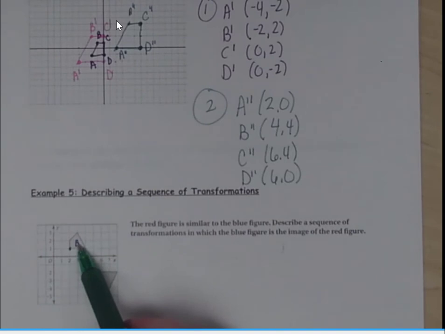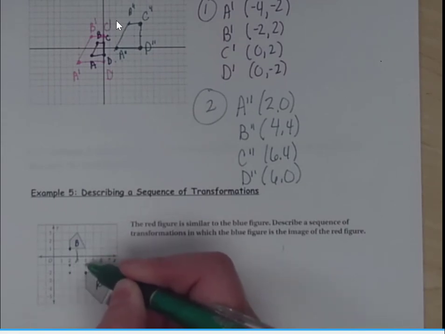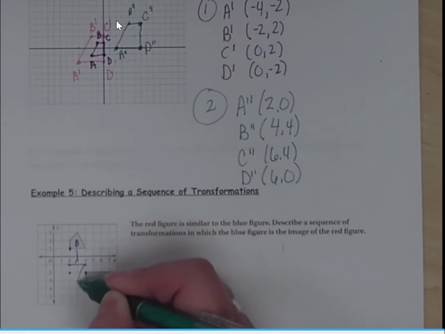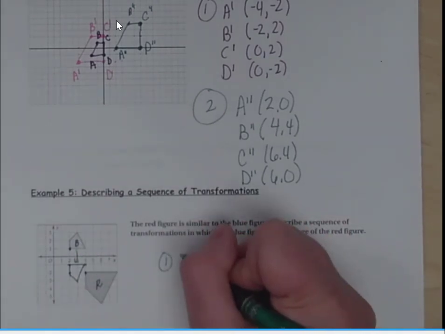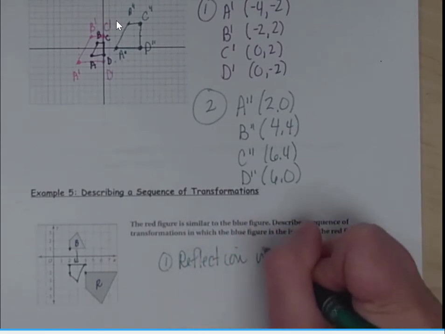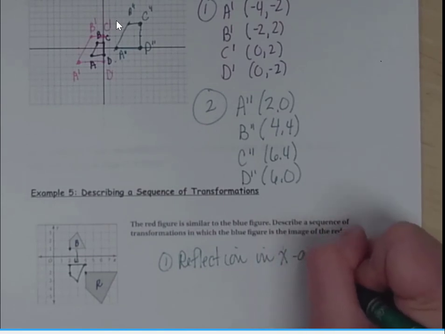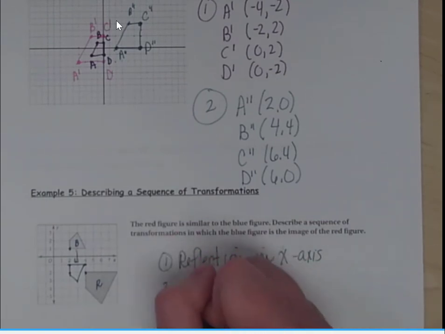All right, so let's take a look. So this looks like this image has been flipped upside down. So I've got my new image right here. So it looks like we've got from here to here, that is a reflection in the x-axis, and then this one looks like it's twice the size.